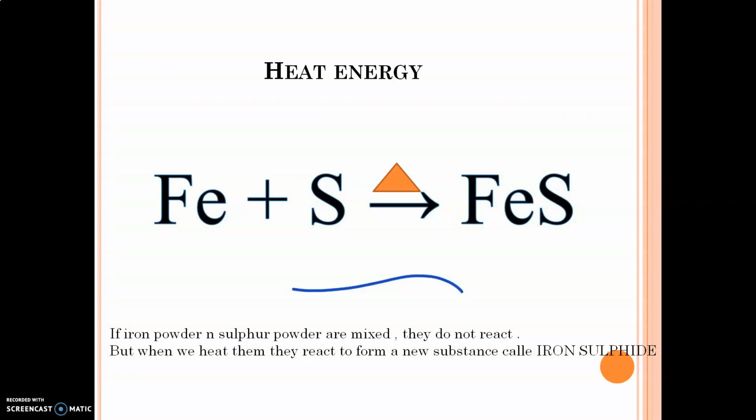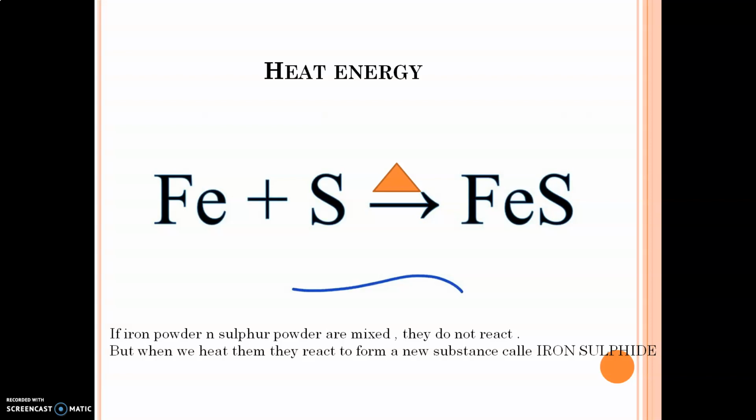Even if they are mixed, they do not react. But as soon as you provide them heat, they react and form a new substance, that is your iron sulfide. Fe stands for iron, S is for sulfur. You mix them together in the form of powder and you provide heat energy to it, it changes into iron sulfide, that is FeS.